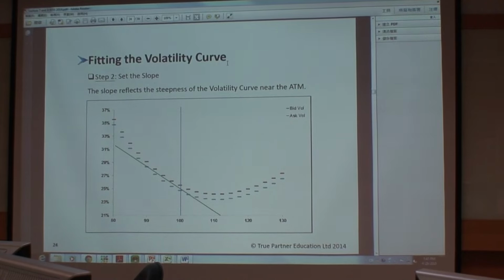So do you agree that the smile, that curvature I apply on the left side of the curve, could be different from the curvature I apply on the right side of the curve?